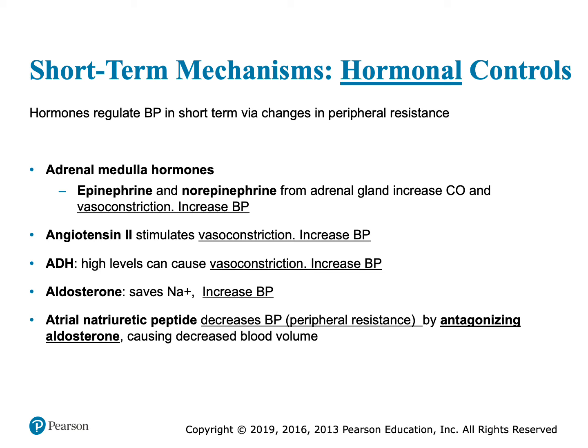So it puts out a hormone called ANP, atrial natriuretic peptide, and that's going to decrease blood pressure because it's going to antagonize aldosterone. So instead of saving sodium, it's going to make you urinate out that sodium. If you urinate out sodium, water follows sodium. Just remember, water follows sodium. You urinate out water, your blood volume is going down. If your blood volume is going down, so is your pressure.